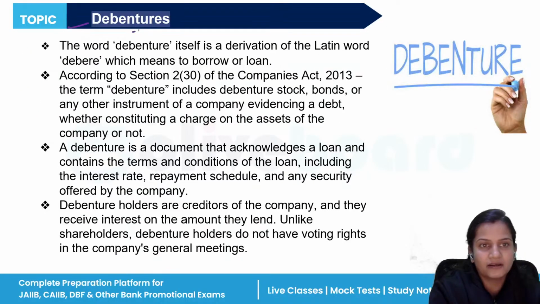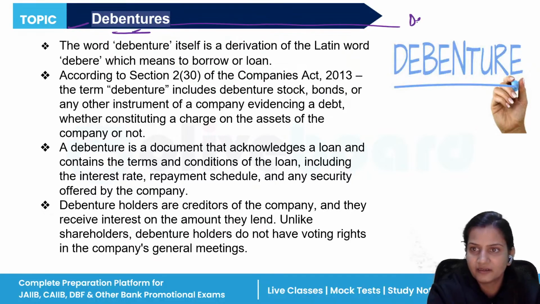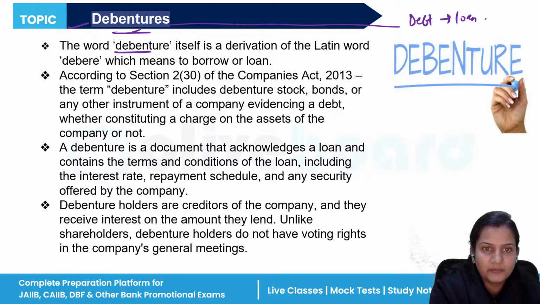Now, what are debentures? Simply, debentures means debt. Debt means loan. The word debenture is derived from the Latin word debere, which means to borrow. So this section is important.